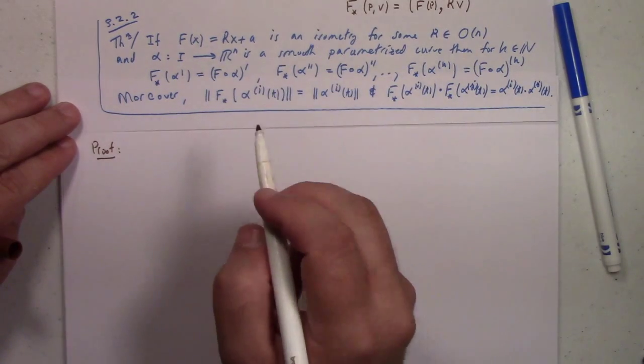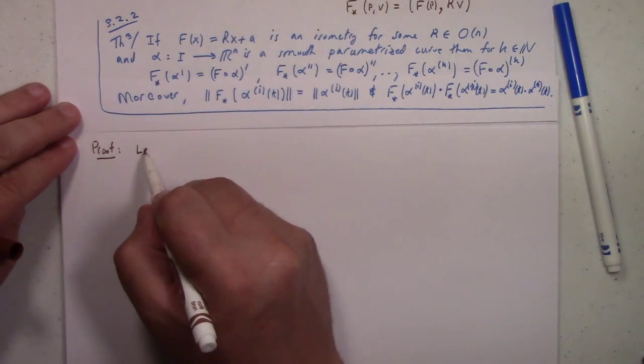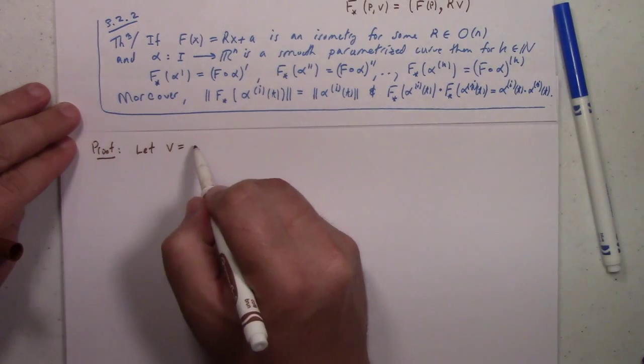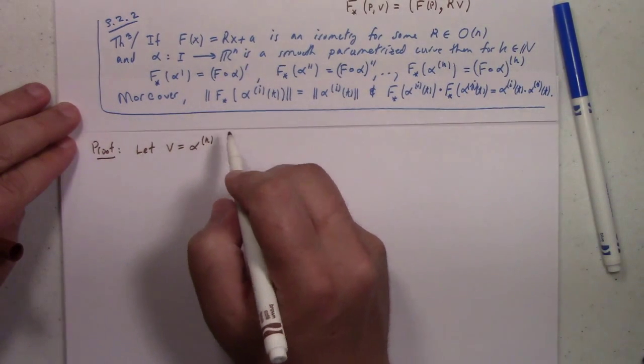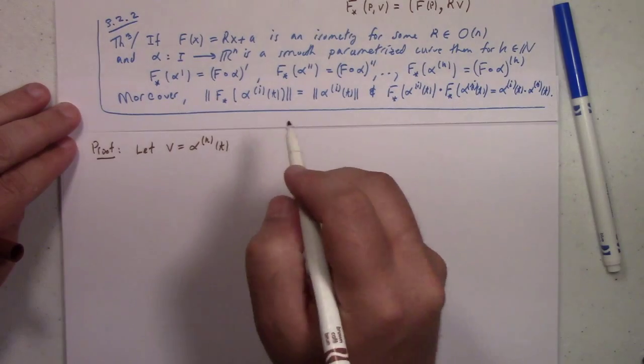First of all, let's just let v equal the kth derivative of the curve.